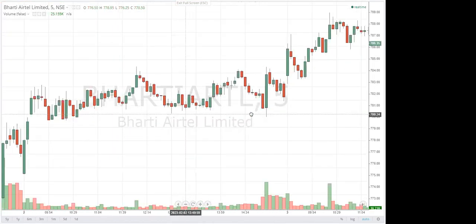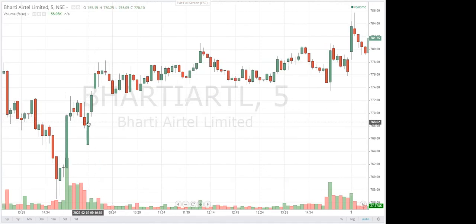So the concept is so simple. When the stock opens with open equal to low, nothing but the open price and the low price are both the same, and it goes and closes as one green candle like this, this is open equal to low.